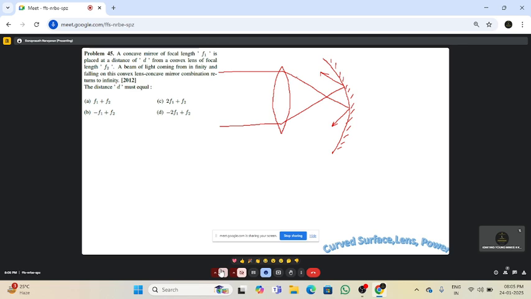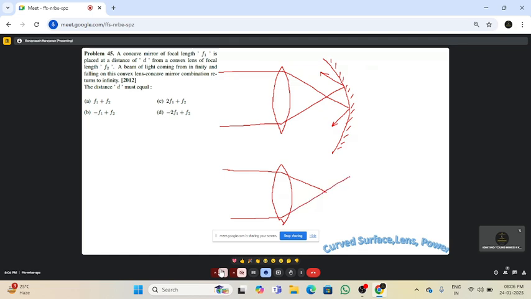Returns to infinity means it's not going like this, it's going through this. So it has to retrace the same line. Whenever it retraces, as we already said, the rays should be normal to the mirror. So I'm going to redraw the diagram. This needs some thinking to do, it's not very easy.